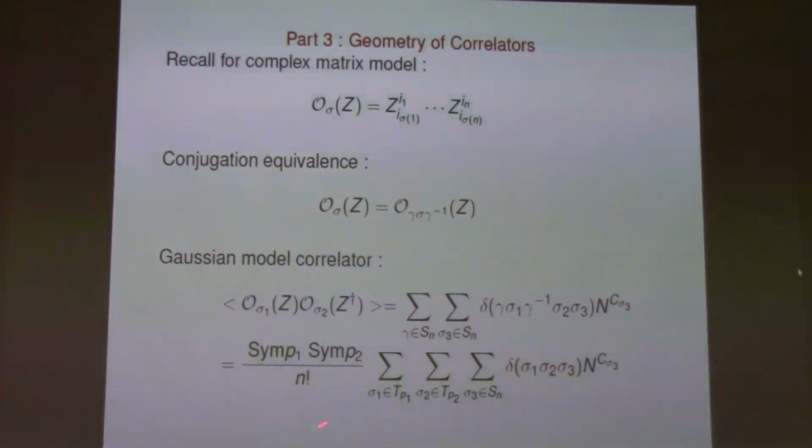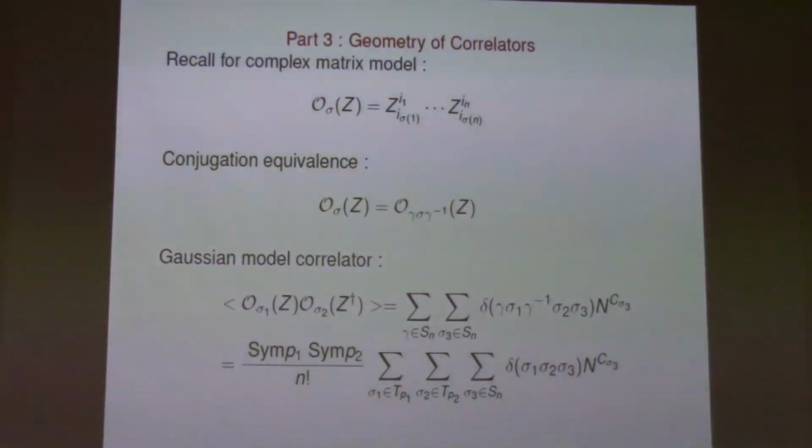And that gives you a formula, purely in terms of permutations, for arbitrary products of traces of Z, correlated with arbitrary products of traces of Z dagger. So this is very interesting. Delta, sigma 1, sigma 2, sigma 3. So we're counting triples of permutations which multiply to 1.